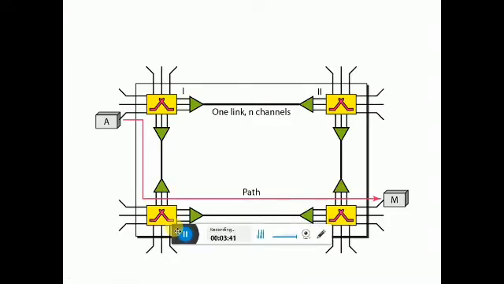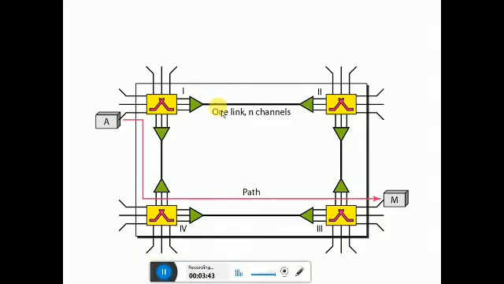Each link is normally divided into n channels by using either a frequency division multiplexing technique or a time division multiplexing technique.